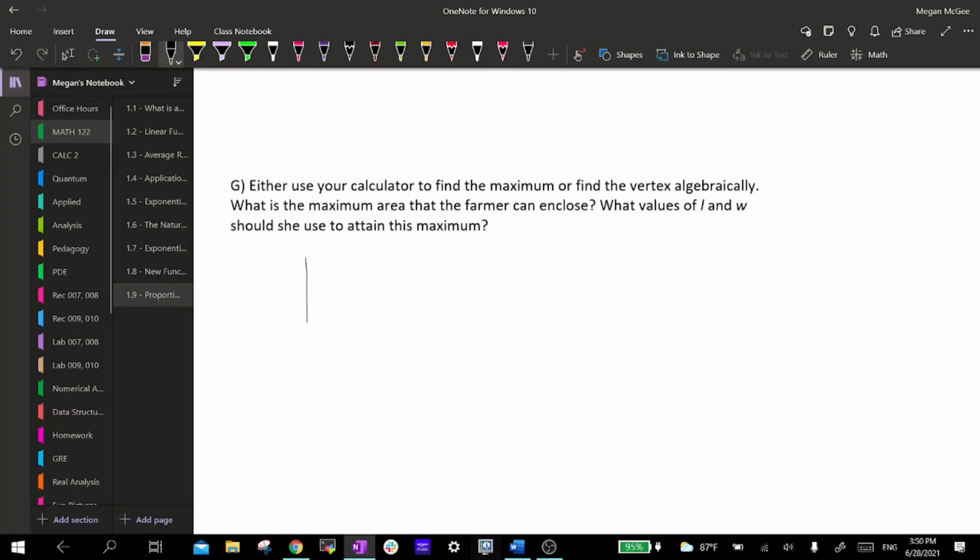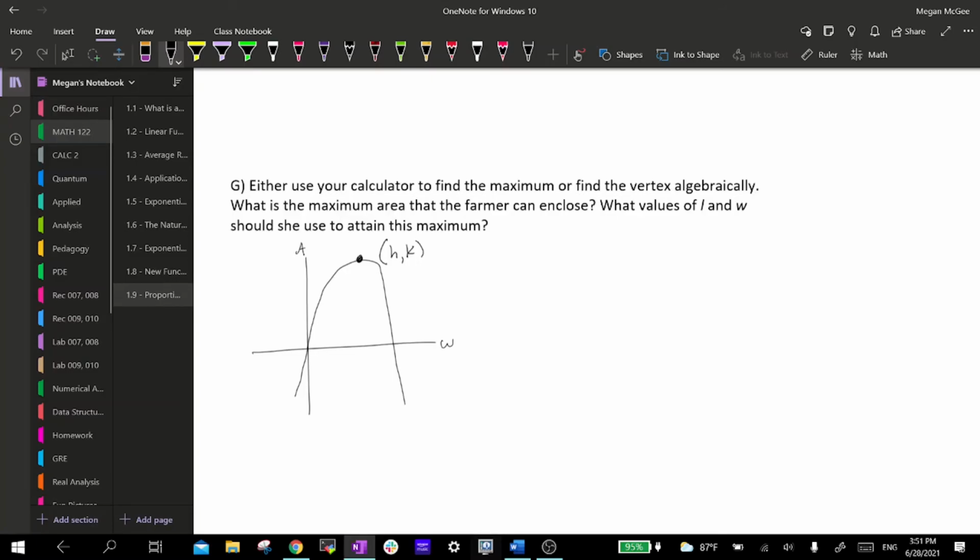So I'm just going to draw our quick graph over here one more time. It looked something like this with our vertex here. And the vertex of a parabola is usually labeled as (h, k), where h is our x value and k is our y value. All right, or in this case, our w value and area value.